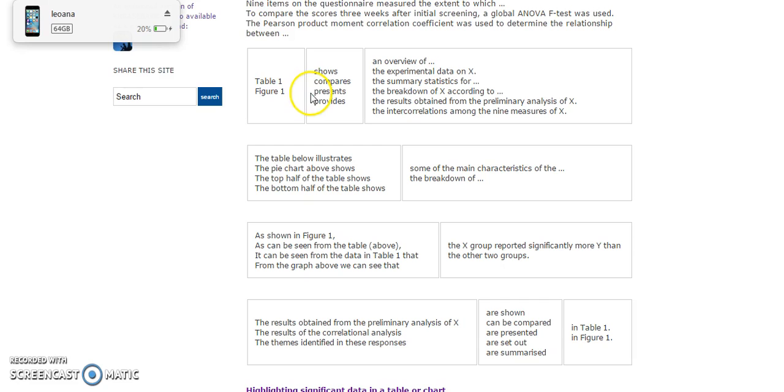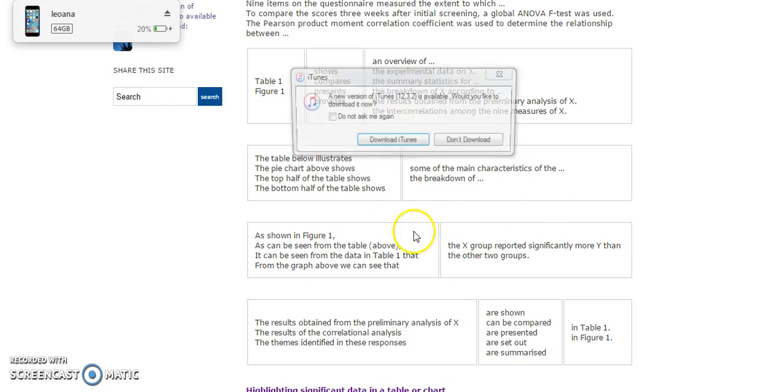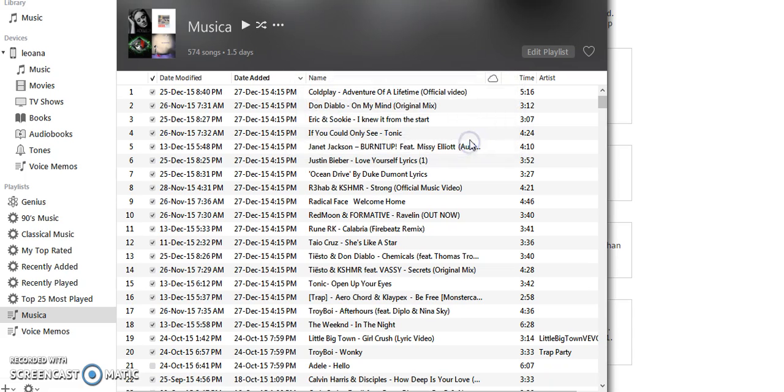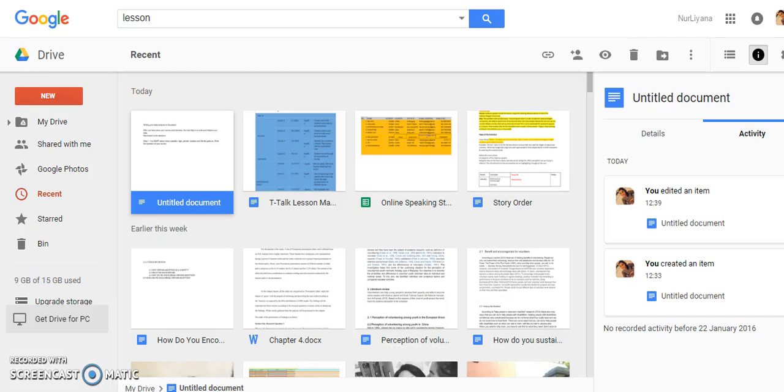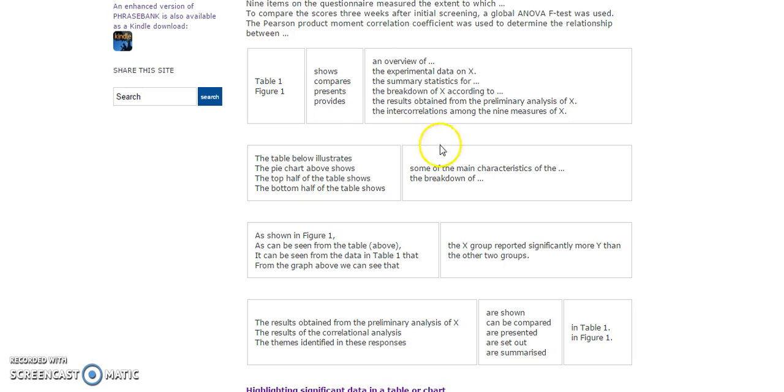So if you look at these tables down here, they are good words and good verbs that you can use to represent whatever findings you have found out. Look at this, table 1, figure 1.